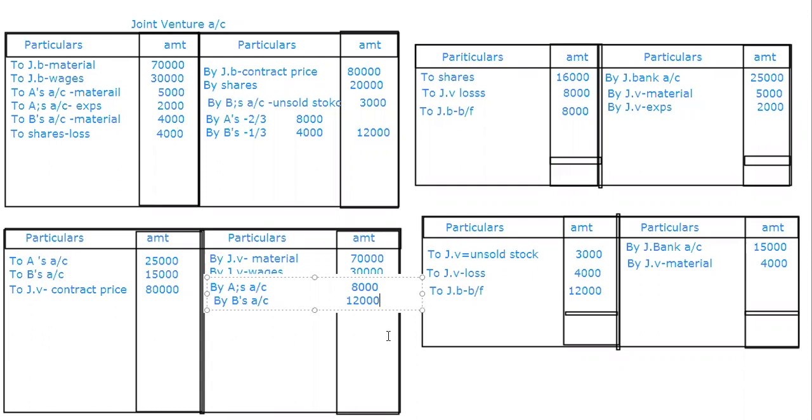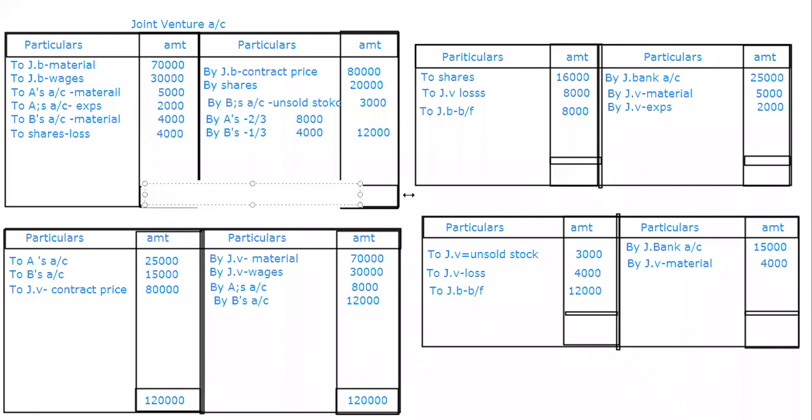So therefore, we have completed a tally total on both the sides as 1,20,000. And here it is 1,15,000.